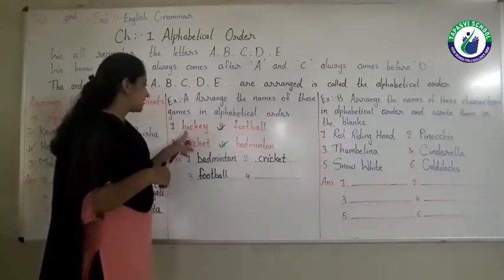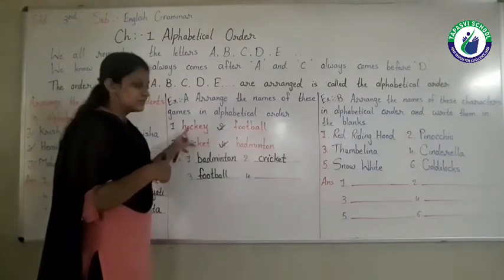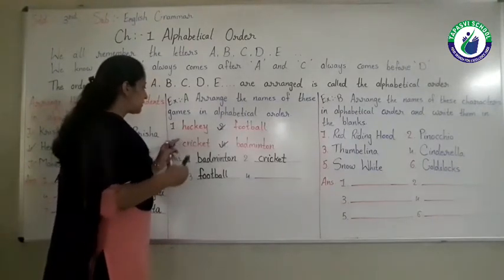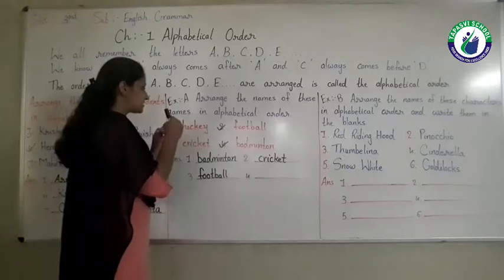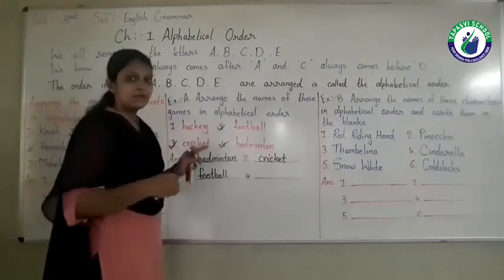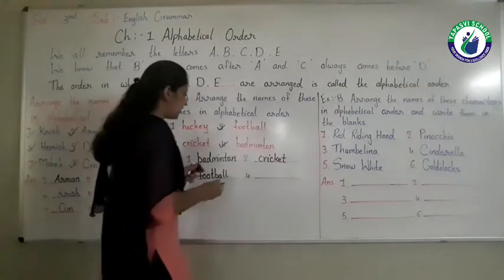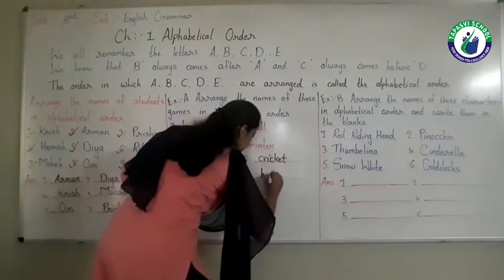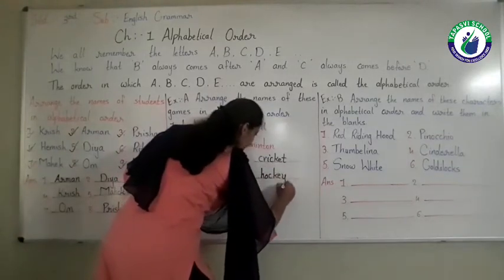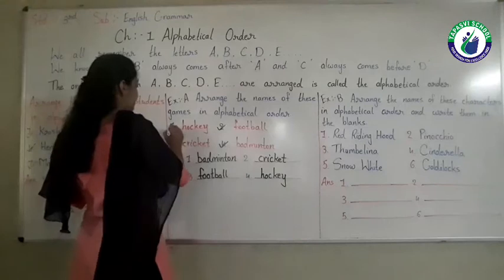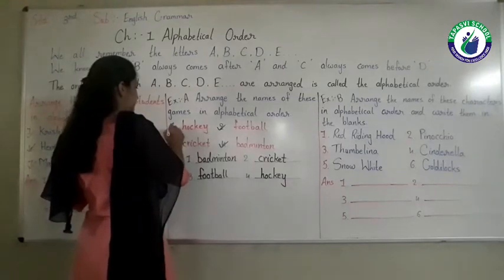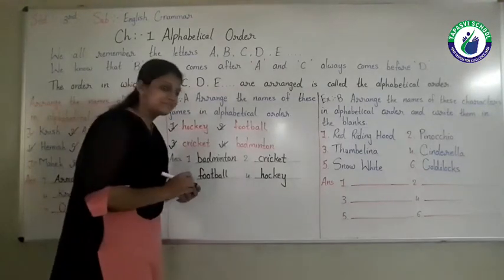It starts with letter H. So that name of game is hockey. That we will write in number 4. Hockey. And we have to tick right on the word hockey.